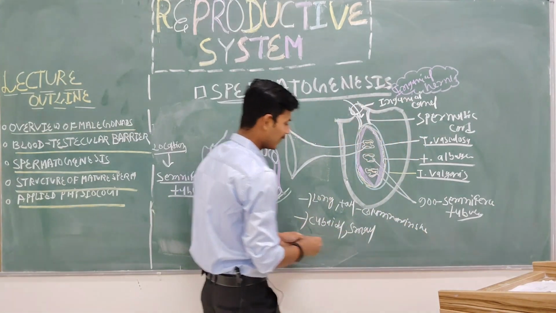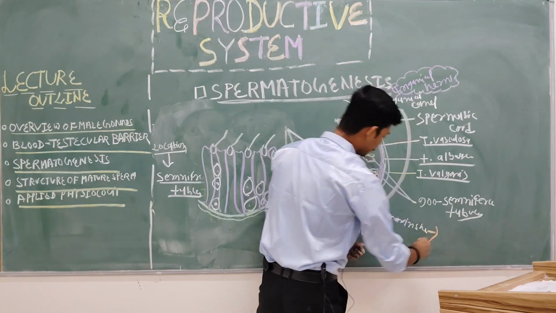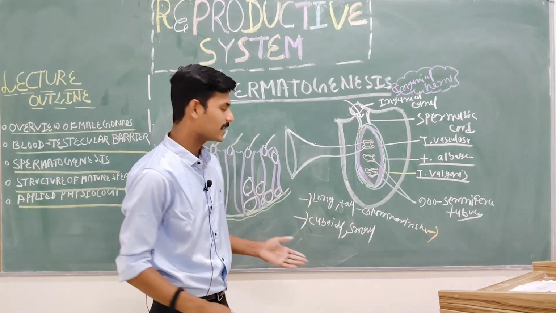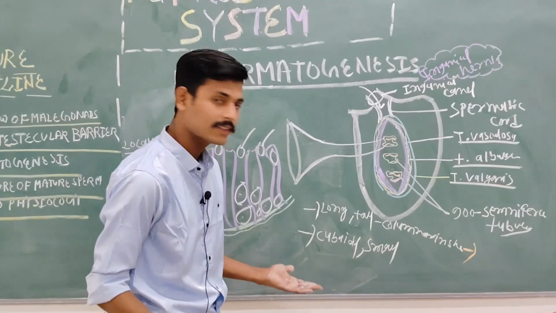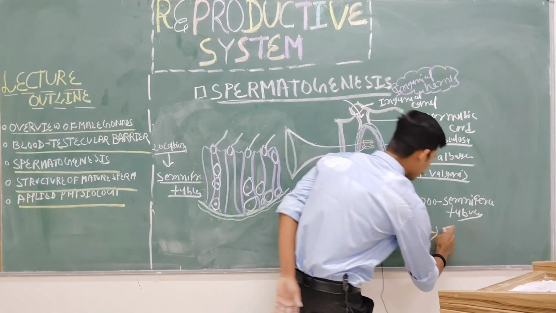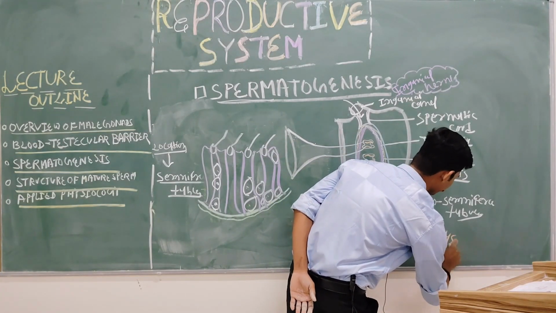Now, I know you are all geniuses. Cite the name. This long, taller cell is called the sustentacular cell.